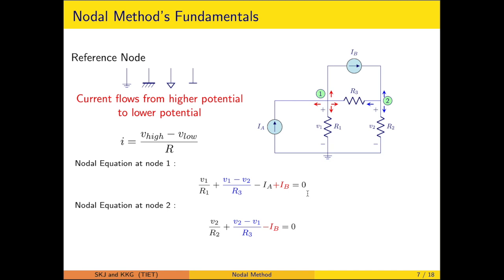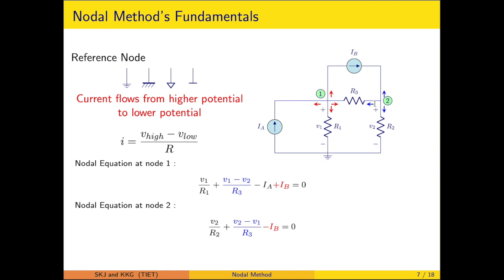Although we are writing the equation as an application of KCL, only the node voltages are participating as unknown variables. IA and IB are current sources, so they are known in advance. Now when you are writing the nodal equation for node 2, you have to presume this is at higher potential than this one.